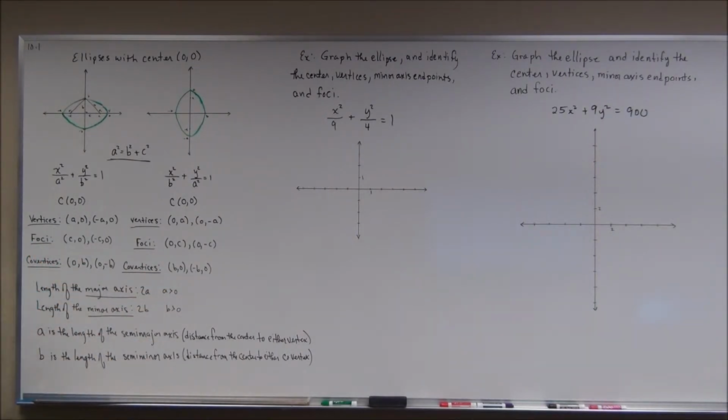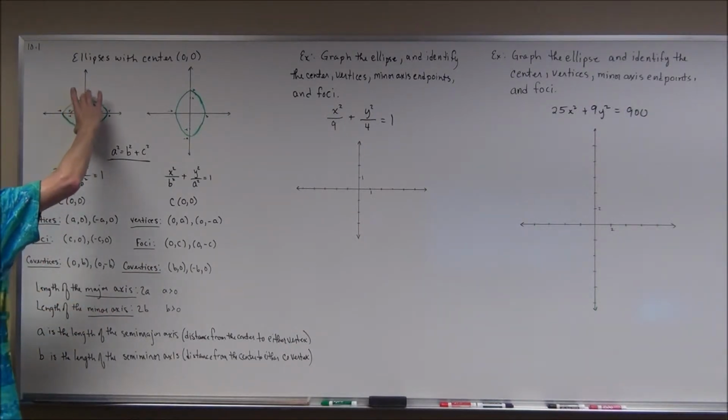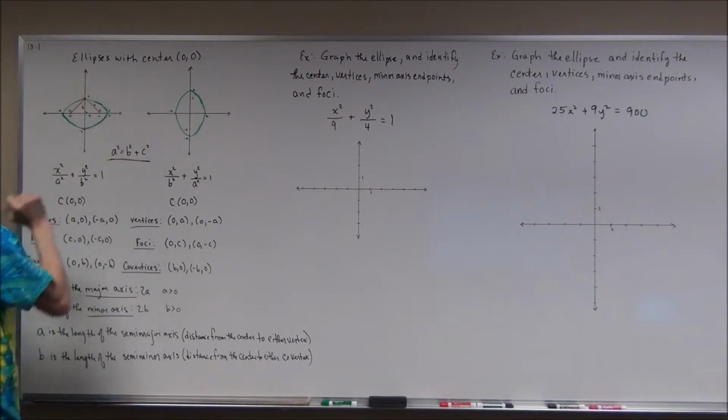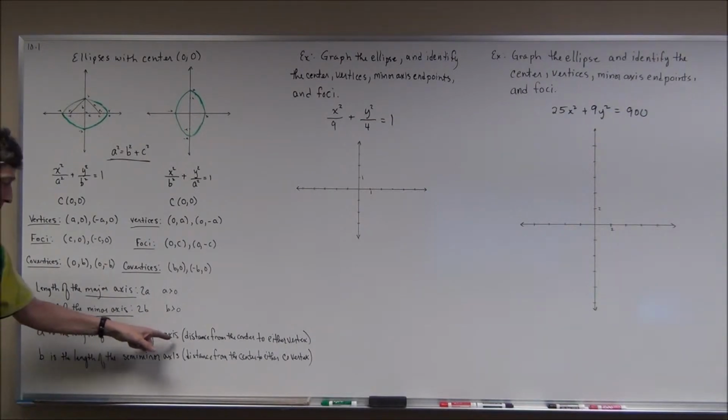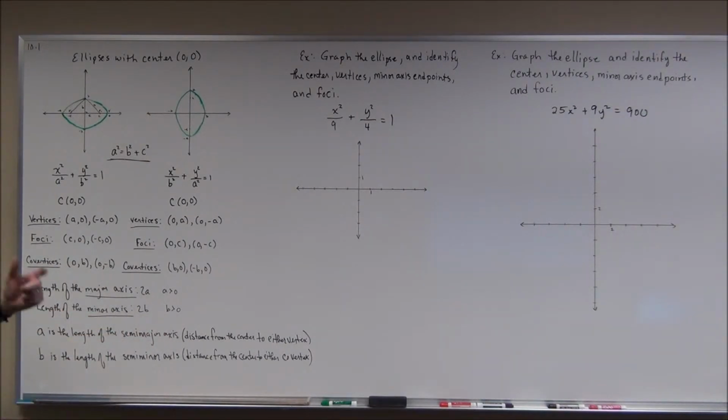Now, the length of the major axis from here to here is 2A, which makes sense since this distance is A and this distance is A. The length of the minor axis is 2B, because this is B and this is B. And remember, A and B are positive. A is what we call the length of the semi-major axis. I know, that's a lot of vocabulary.